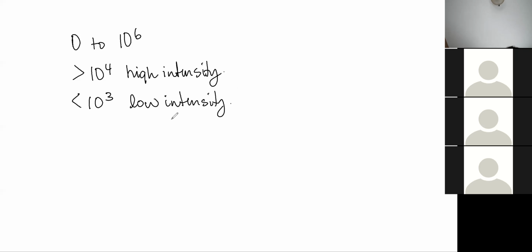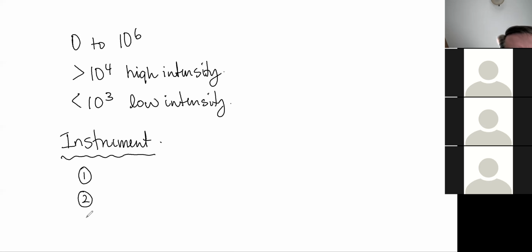Okay, so for our instrument, we basically need 3 things, and I bet you can predict what they are, based upon our infrared instrument.